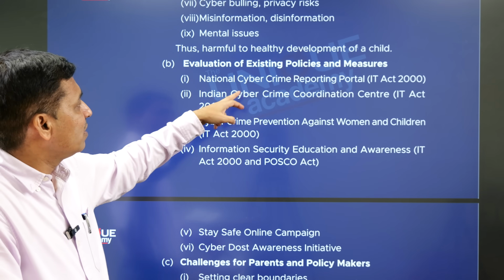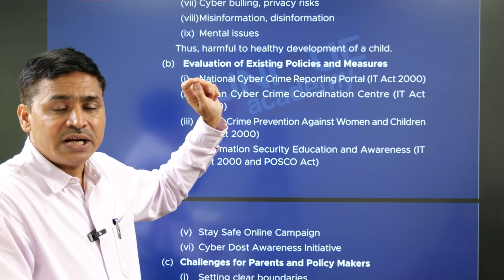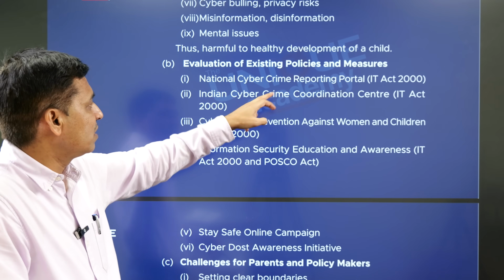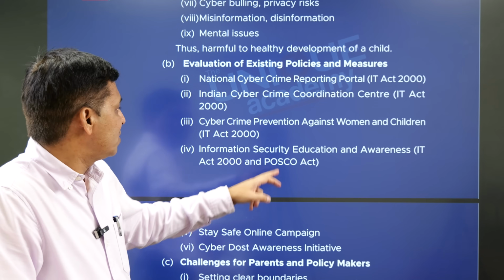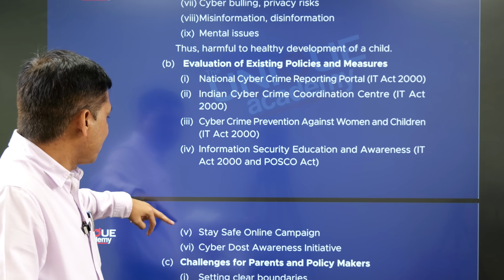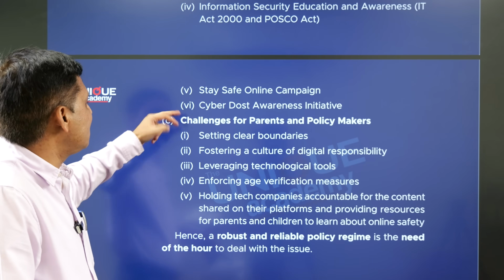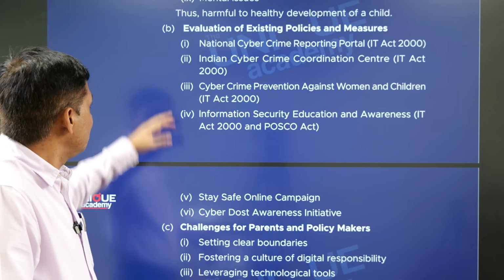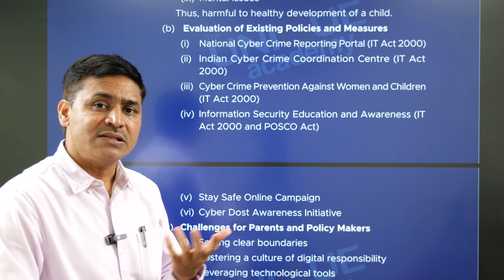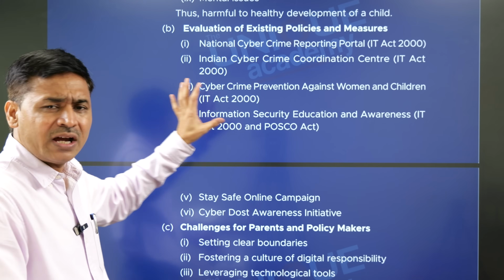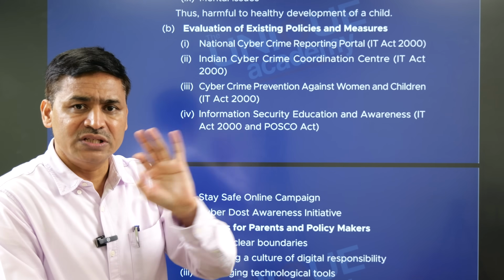Now, National Cyber Crime Reporting Portal under the IT Act of 2000, Indian Cyber Crime Coordination Center, Cyber Crime Prevention Against Women and Children, Information Security Education and Awareness, Stay Safe Online Campaign, and Cyber Dost Awareness Initiatives. So these are a few policy initiatives and certain campaigns. Okay, I have just made mention of these campaigns.